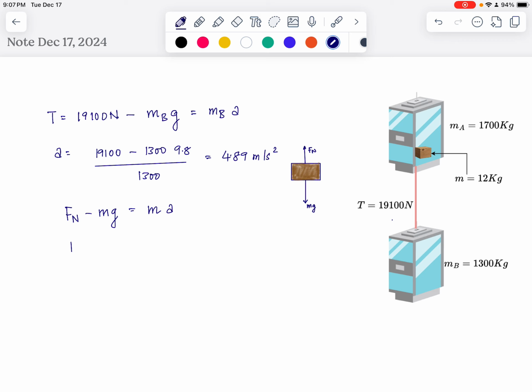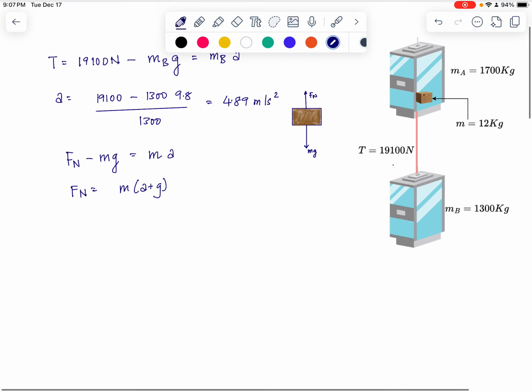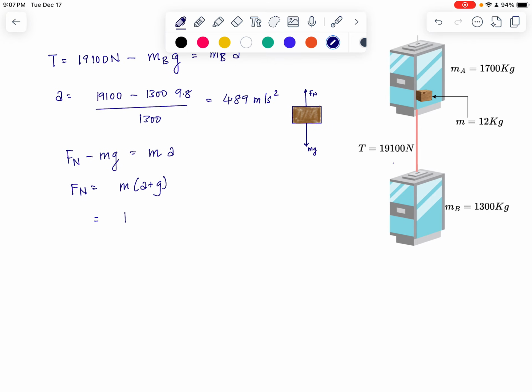So the normal force equals mass times (a plus g), and the mass here is nothing but 12 kilograms, times acceleration 4.89 plus 9.8, and this is roughly 176.3 newtons. So that's what it comes out to.